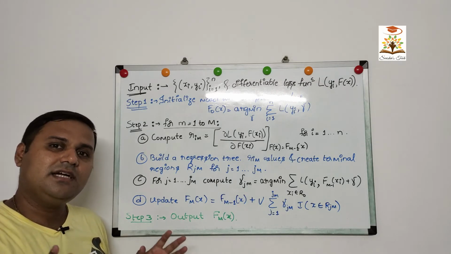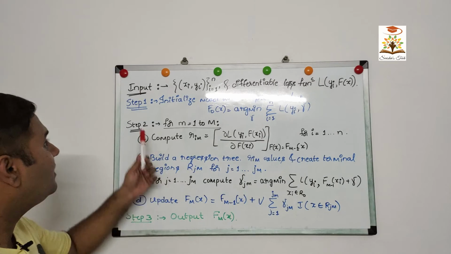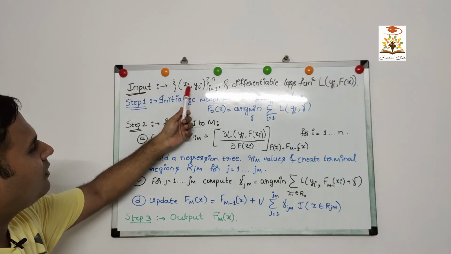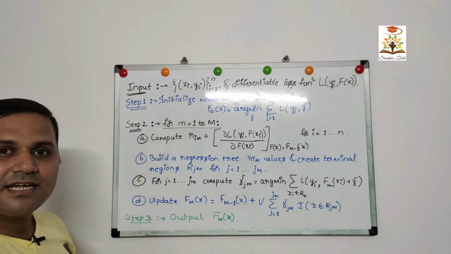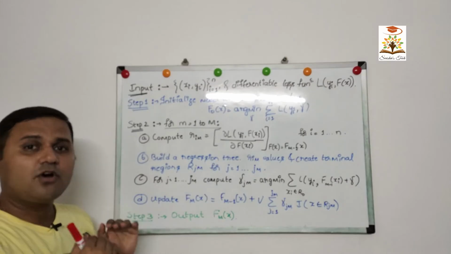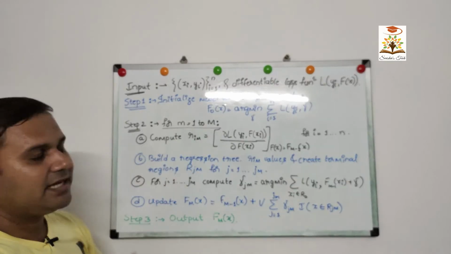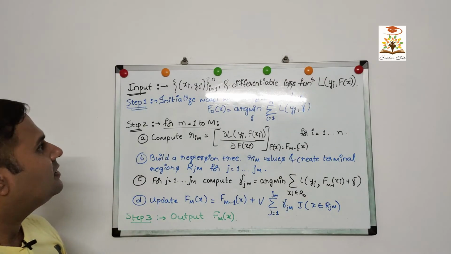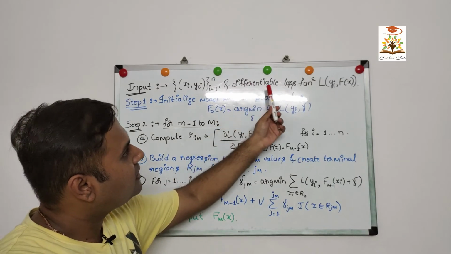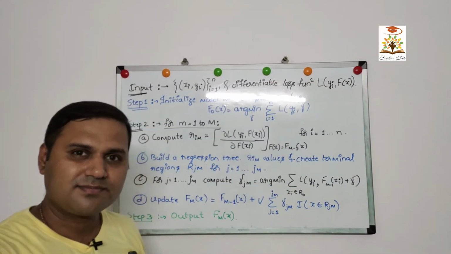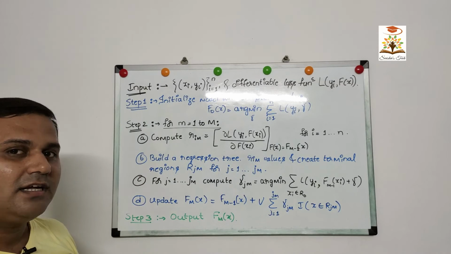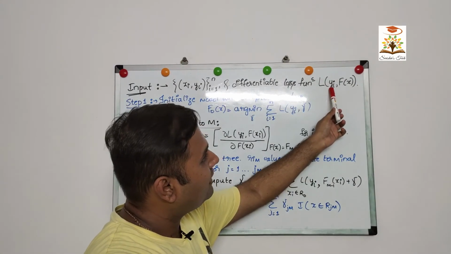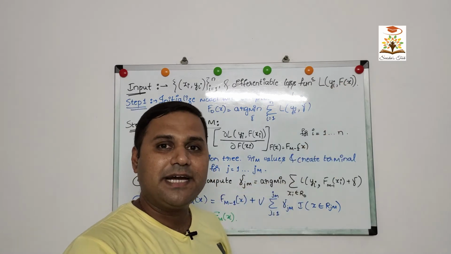Let us start with the input data. Here you can observe the input data has two components. One, x of i, which is each of the independent observations, and y of i, the observations of our target attribute. Here we also have a differentiable loss function, which is a parameter assessed between our actual values and the predicted values.